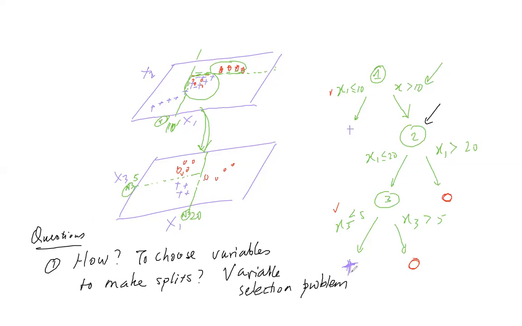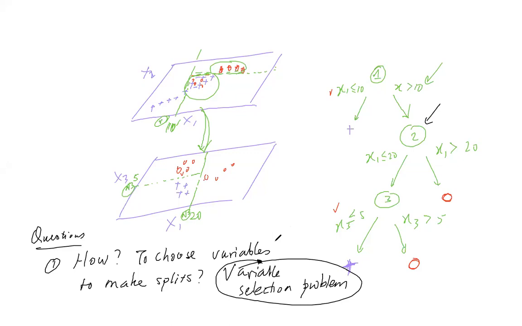So in fact, when you give variables to a decision tree, it implicitly does the variable selection for you. Okay. So in fact, if you didn't do any variable selection, some kind of pre-processing, right?